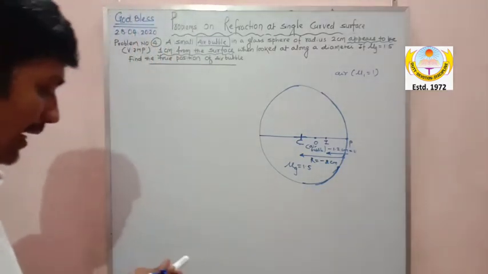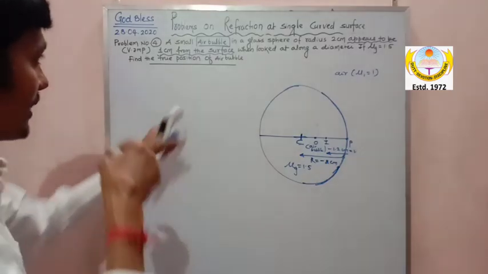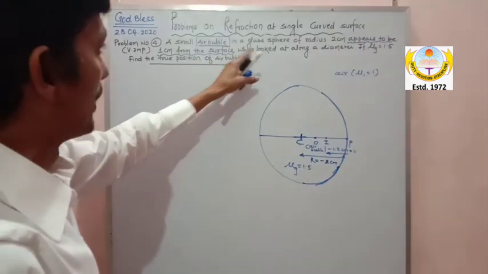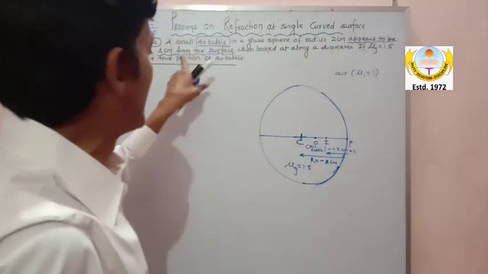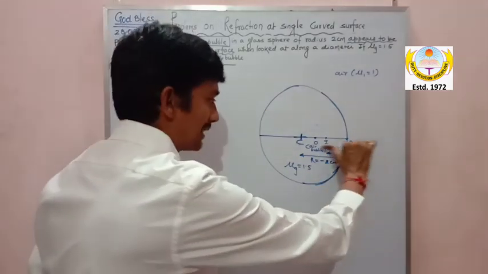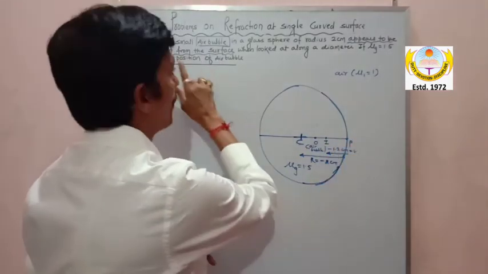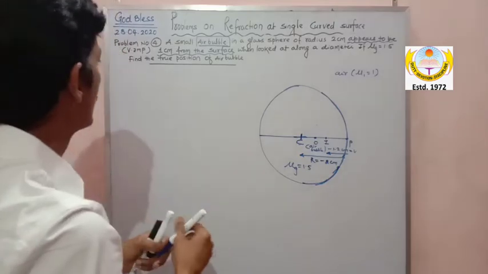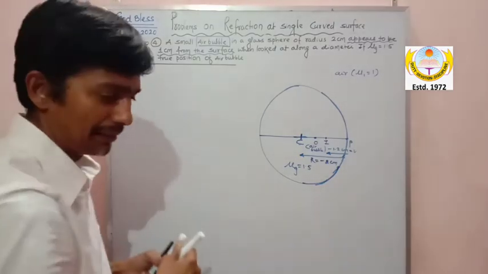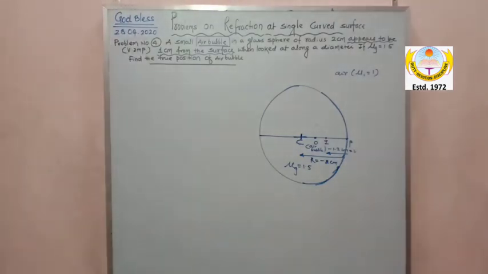Okay, and here it is given that it appears to be 1 centimeter from the surface, that is, the image is obtained at 1.2 centimeter, or it is said 1 centimeter. I think the image is obtained at 1 centimeter.